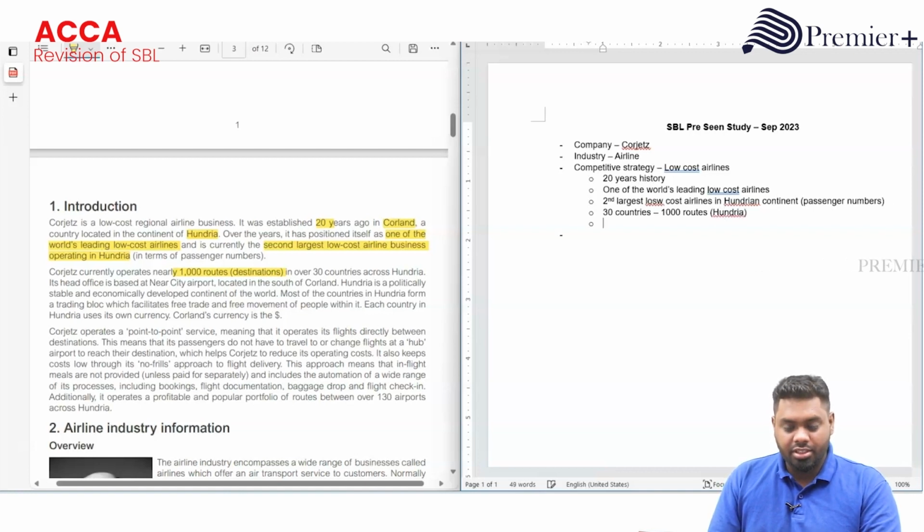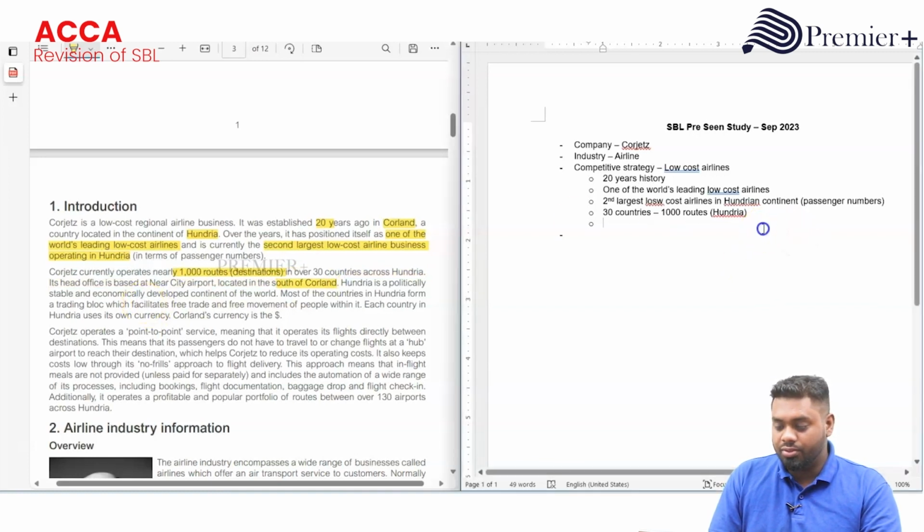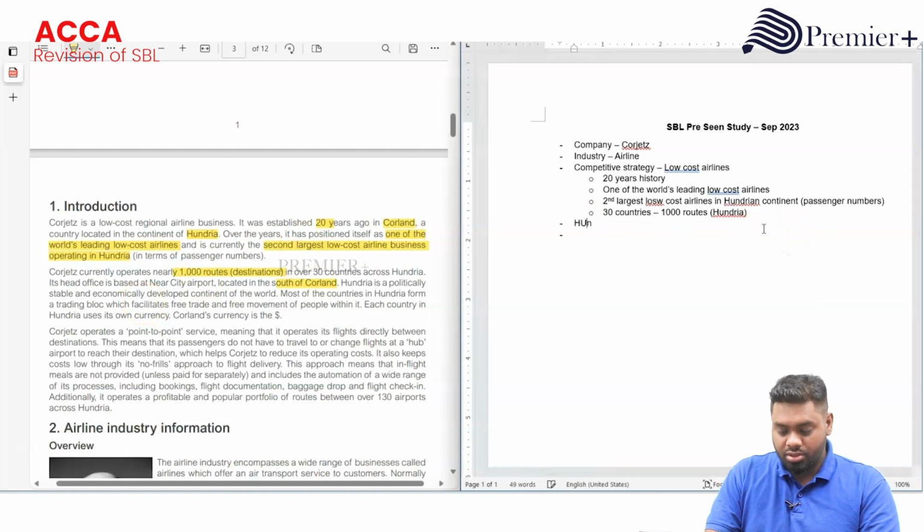Its head office is based at Near City Airport, located in the south of Poland. Hungary is a politically stable and economically developed continent of the world. So now about the Hungary continent.